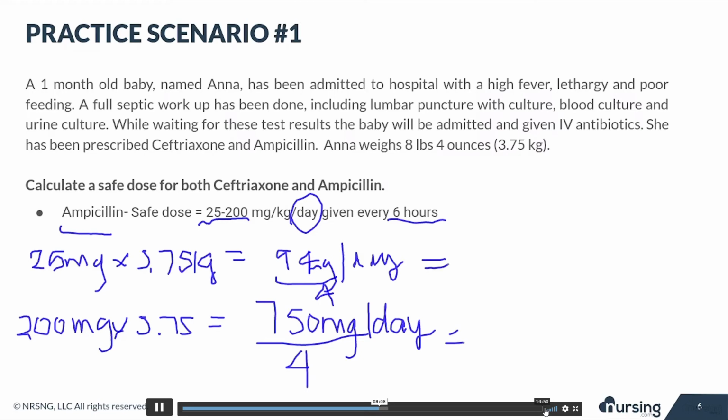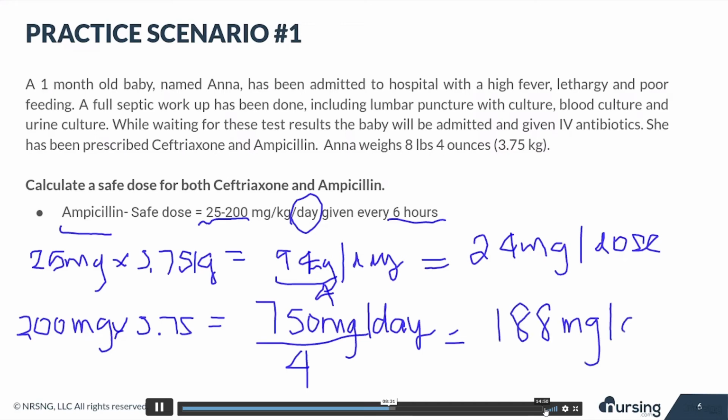And that's going to give us the amount of medication that she can have per dose. So for the lower end, when we're dividing 94 by 4, that gives us about 24 milligrams per dose. And then for the 750 milligrams per day, when we divide that by 4, we're going to get 188 milligrams. And again, that is per dose.